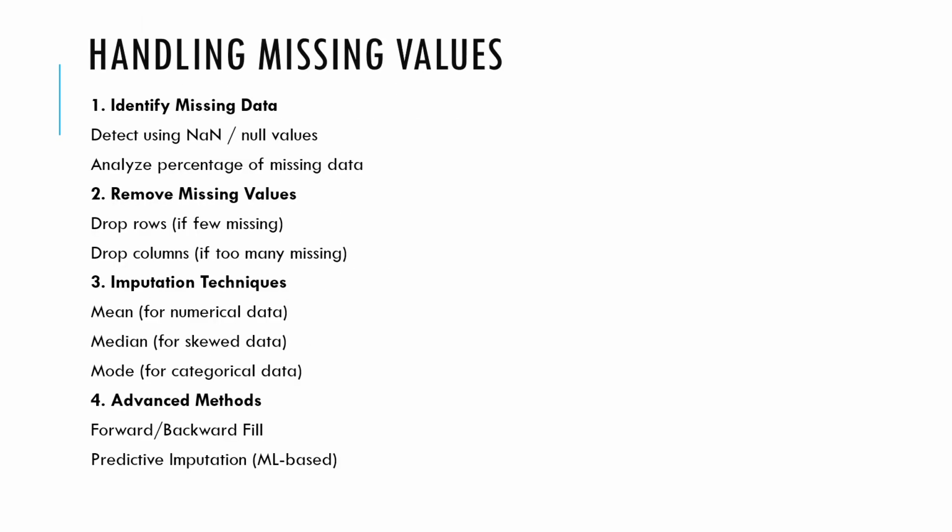Another approach is to fill missing values using the mean, that is the average value, the median, that is the middle value, and the mode, that is the most frequent value. We can also use advanced techniques like prediction based imputation. The goal is to handle missing data in a way that preserves useful information.